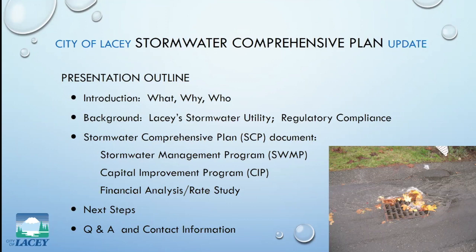We'll talk about the Stormwater Comprehensive Plan document itself, which has three primary components: the Stormwater Management Program, or SWMP, the Capital Improvement Program, or the CIP, and the Financial Analysis and Rate Study. So as you can see already, we have three acronyms to learn: the SCP, the SWMP, and the CIP. After going through the plan document, we'll touch on what the next steps are in the process of this project, and then we'll have a Q&A.